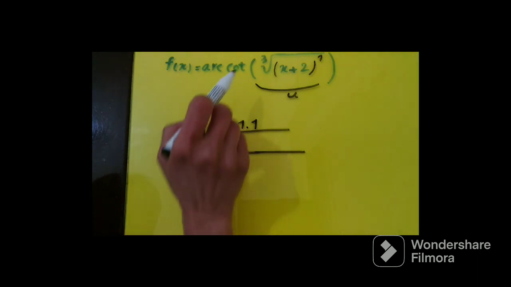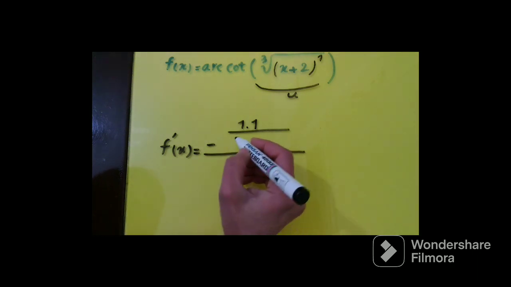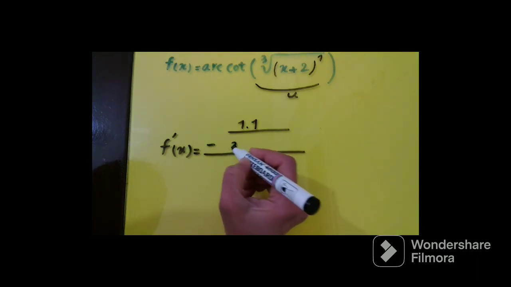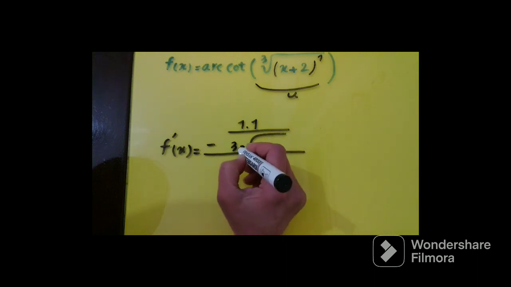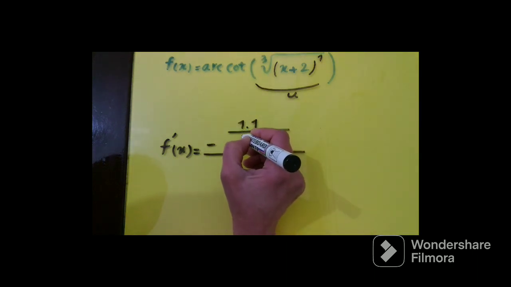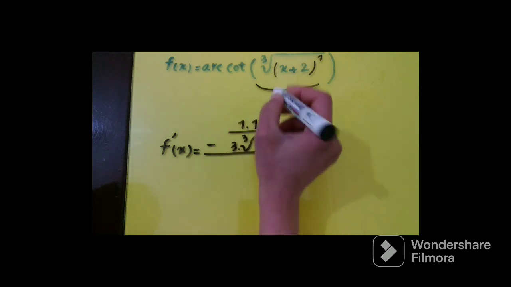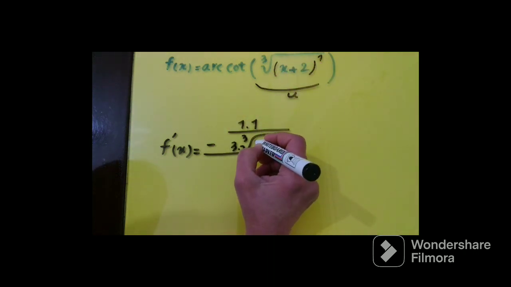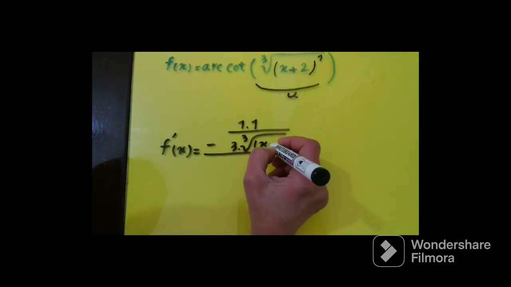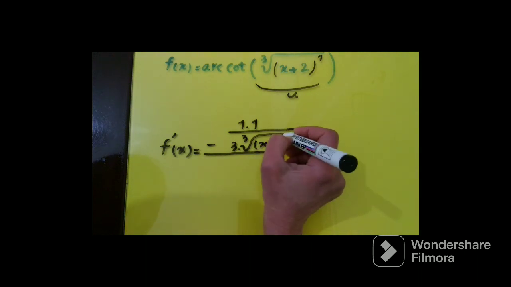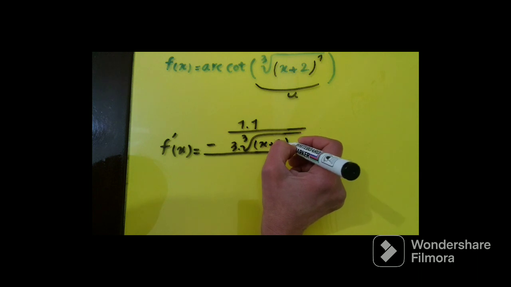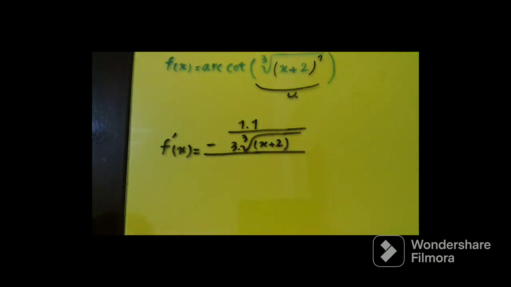For down, you should put 3 times 3 again, x plus 2, and for the power you should put m minus n. It's 3 minus 1.